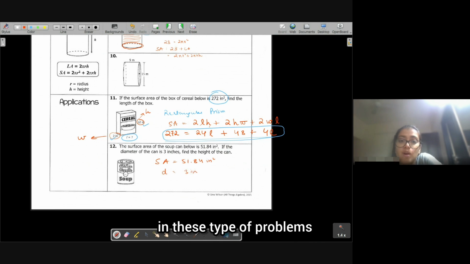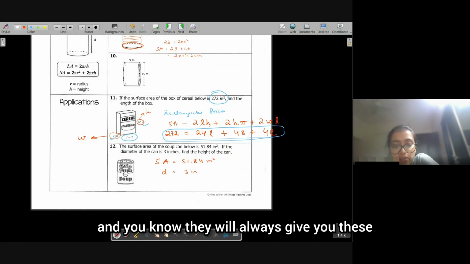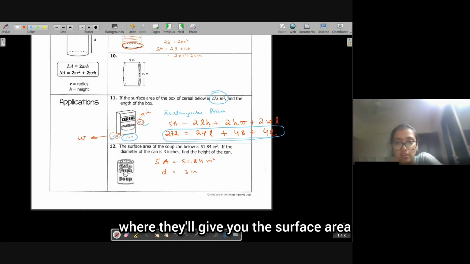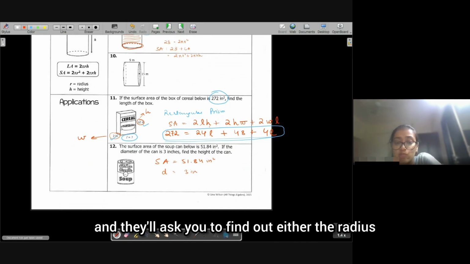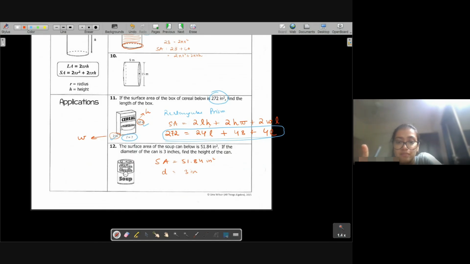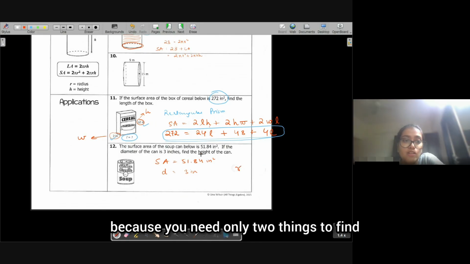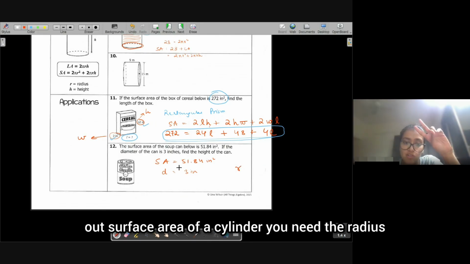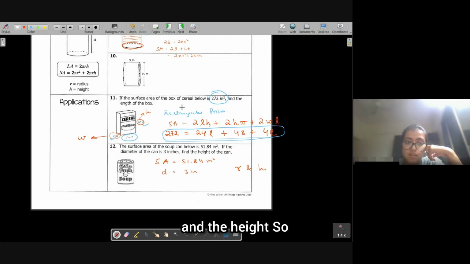In these types of problems, and they will always give you these, they'll give you the surface area and ask you to find either the radius or the height in the case of cylinders. Because you need only two things to find the surface area of a cylinder: the radius and the height. So they'll give you one of these and ask you to find the other one.